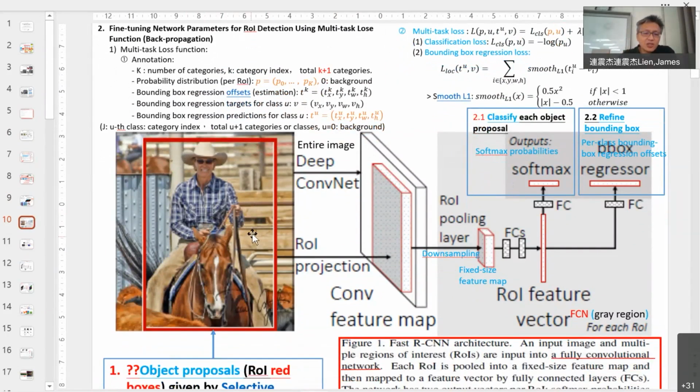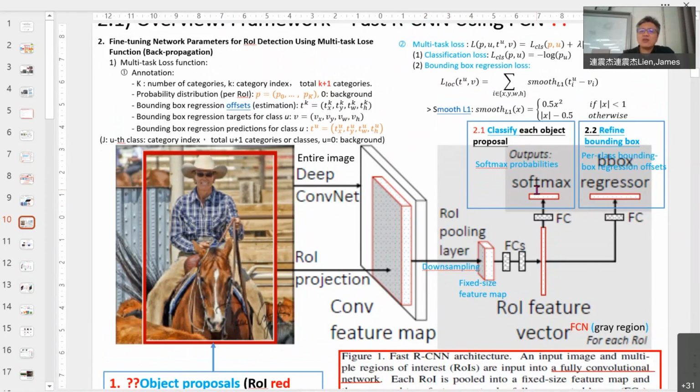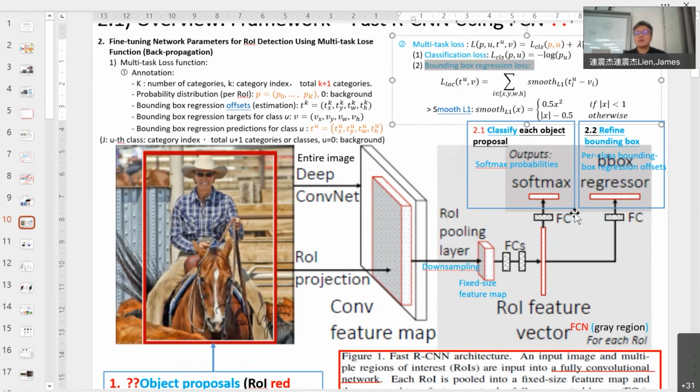But here they still use the same selective search. This is a computer vision step, and this is classification. But in this classification they have a bounding box here. Why? Because they want to use deep learning to refine the bounding box region.